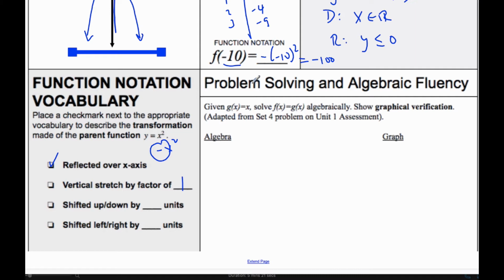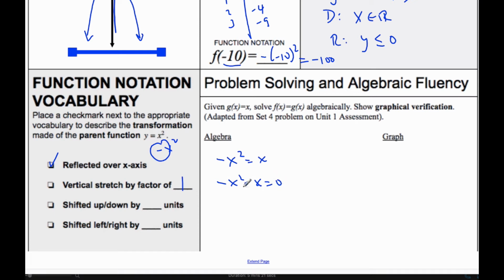And then finally, we're going to do the problem solving and algebraic fluency. Given g of x is x, I want to solve negative x squared, which is f, equal to x. In order to solve that, I'm going to bring everything to one side of the equation. I'm going to subtract the x, which equals 0.